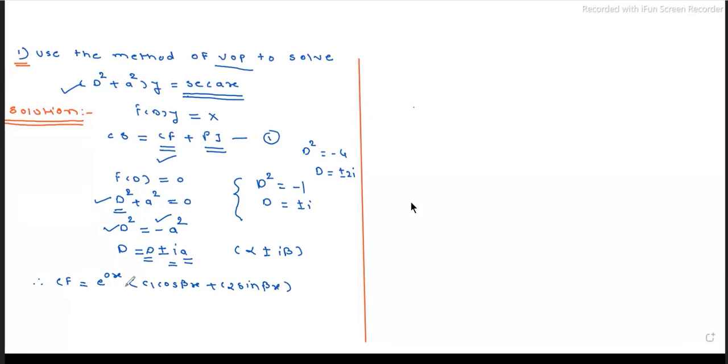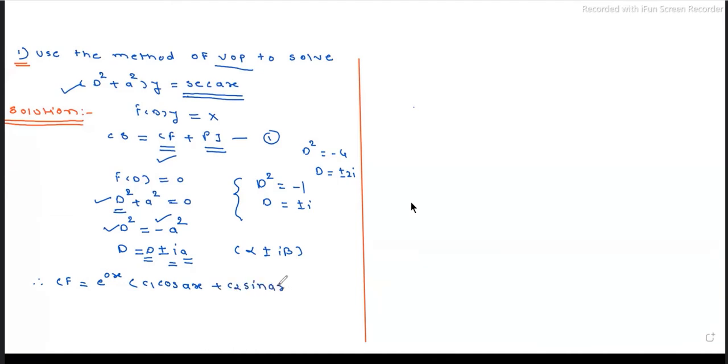And here what is the value of beta? It is a. So this beta should be replaced by the term a. So the same CF we are going to write down: e to the power 0x, c1 cos ax plus c2 sin ax.